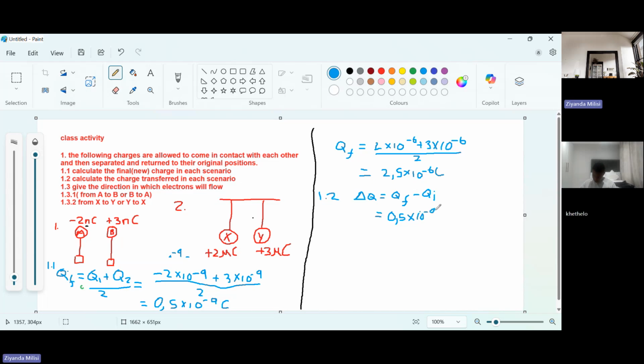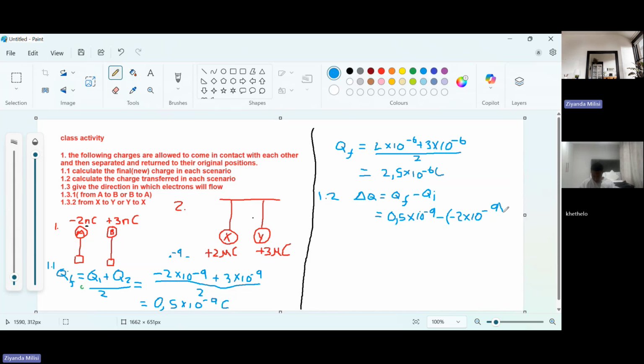You can use charge A or charge B. Let's use A. A is negative: 0.5 minus negative 2 times 10 to the power negative 9.